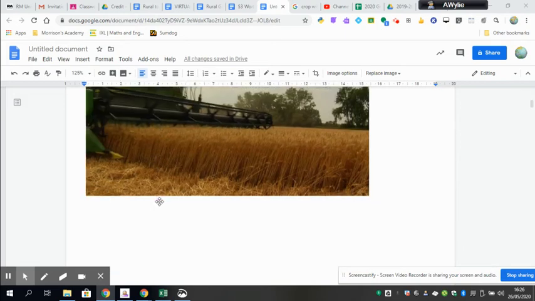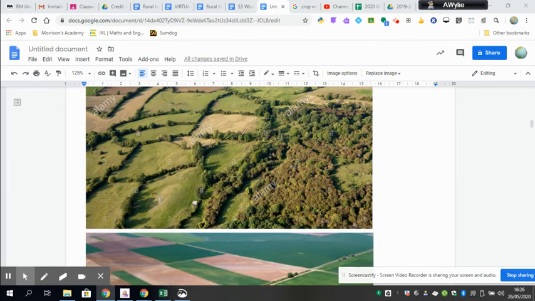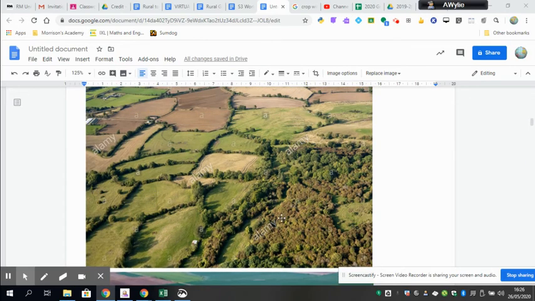Right, let's have a look at the second change that has happened. And let's think about field size. So what we've got here is a kind of typical field pattern of the last century that we saw up until the introduction of large machines. Fields are quite small in this photograph.